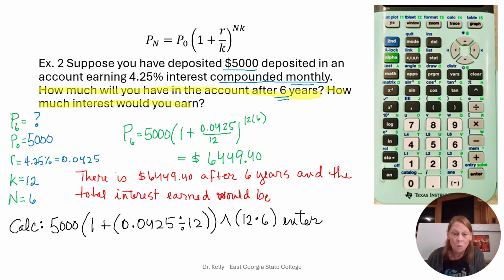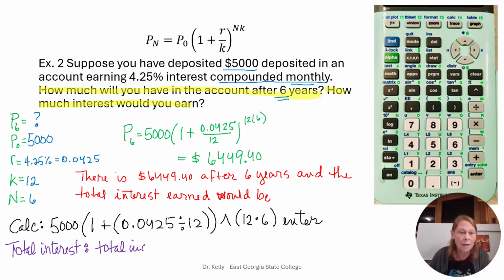So we're going to find total interest. That is total in account minus the principal, which is the same thing as us saying P sub 6 minus P naught.